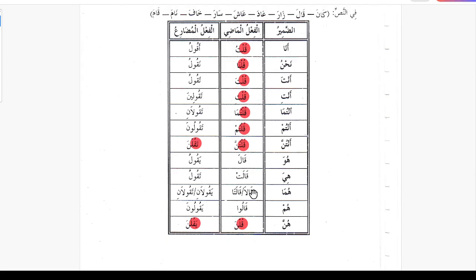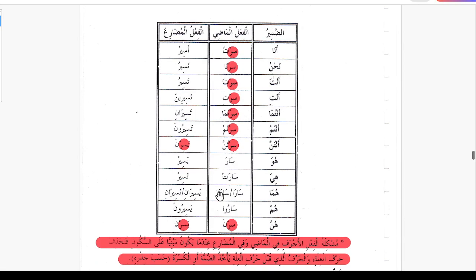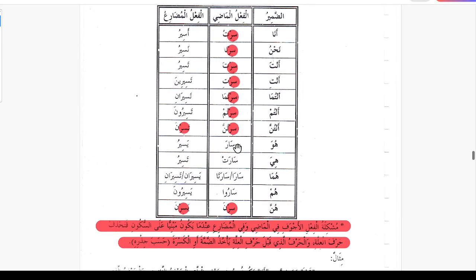And in the case of Sara, yasiru, the seen has a kasra in the fail mudare, and that is why in the case of fail madi that is mabni ala sukun, where all the forms have the sukun, the seen changes to kasra, sirna, like all these examples. So this is explained here.